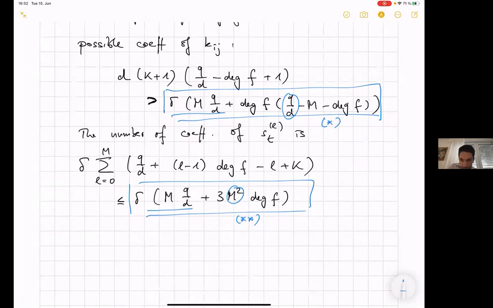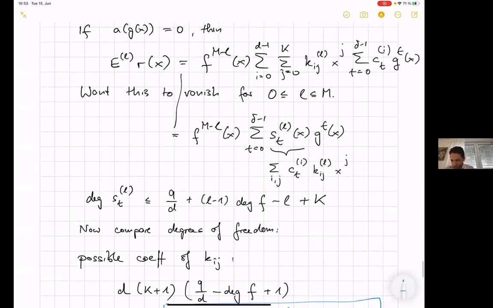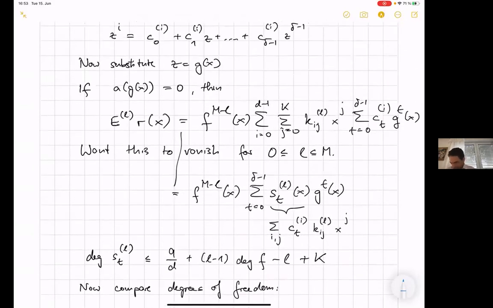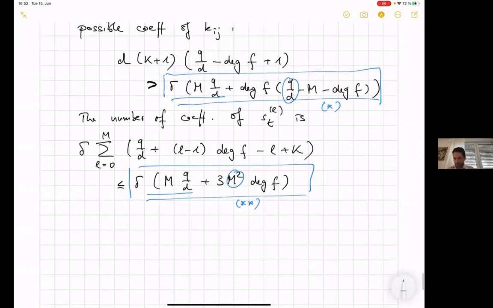Okay, here's a question in the chat. Correct, yes. I'm just doing it by brute force. I want them to be all 0. And in particular, I don't see how to be more efficient. I just kill all of the STLs, and then the Hasse derivative at these points vanish.